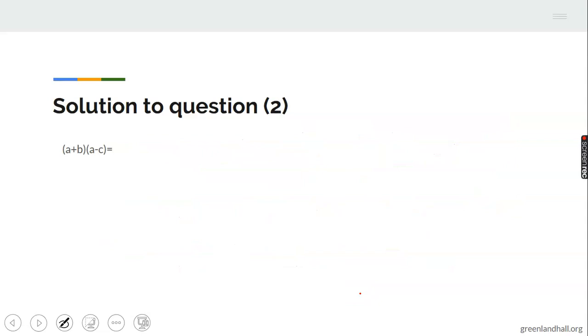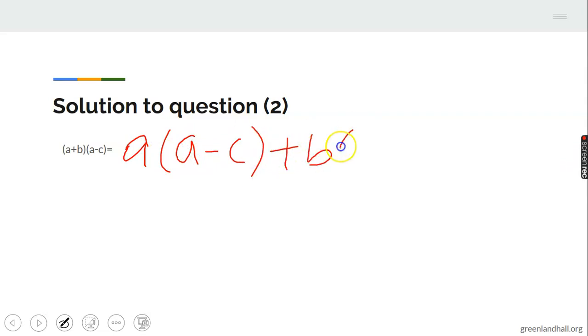So the next question, same thing, just as we did in the first example, we're going to repeat the same thing for this next example. Each term here must multiply each term inside this bracket. So we have a into a minus c, then plus b into a minus c.